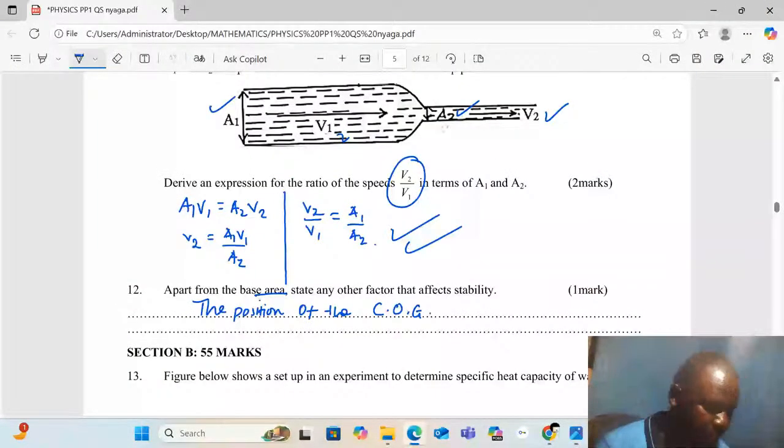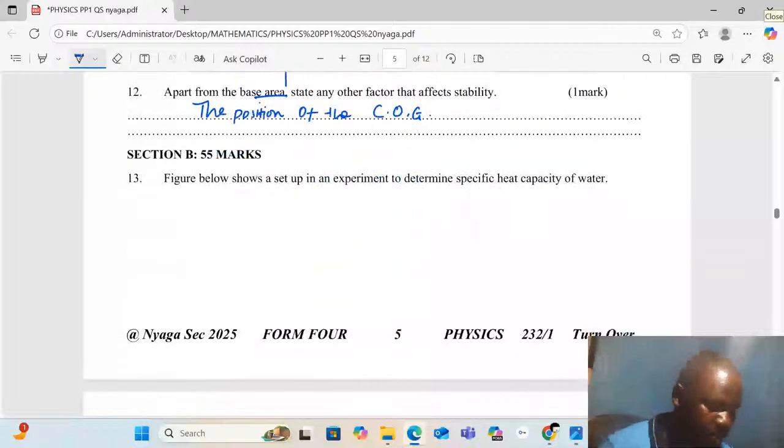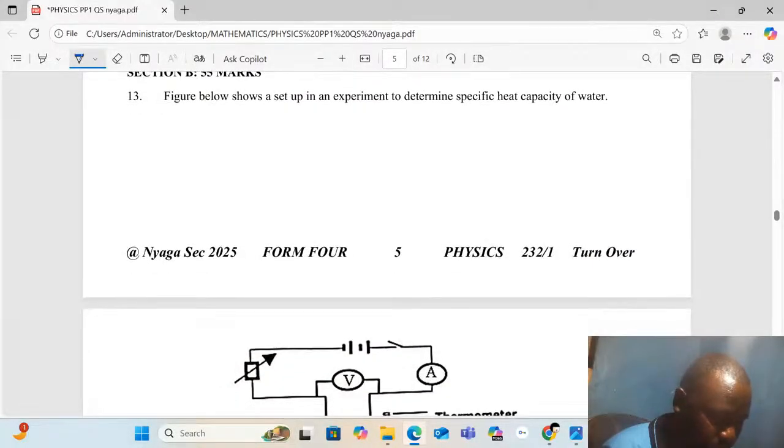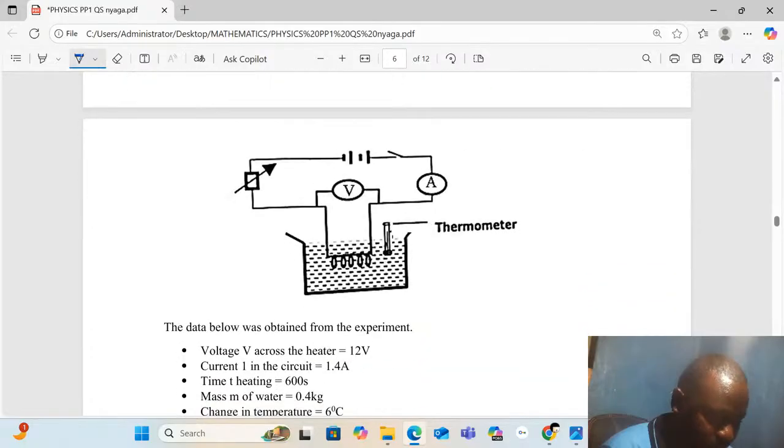So this is section B. The figure below shows a setup in an experiment to determine the specific heat capacity of water. So you can look at the diagram well.